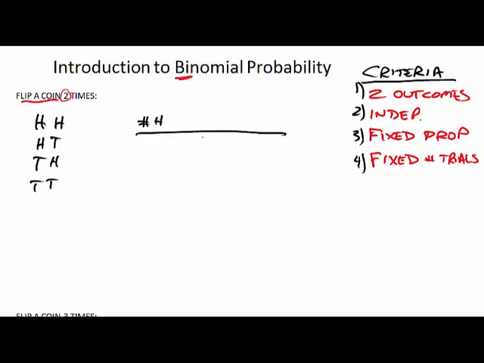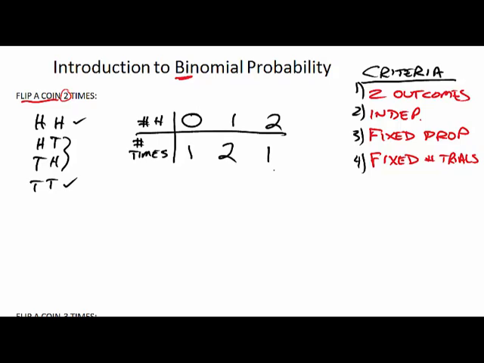I'm just going to look at the number of heads, and we're going to also look at the number of times that each one of those occurs. So if I flip twice, I could have anywhere from 0 to 2 heads, and 0 heads occurs down here exactly 1 time. 1 head occurred in both of the middle ones, so that one occurred twice, and 2 heads occurs up here, so that happened 1 time.